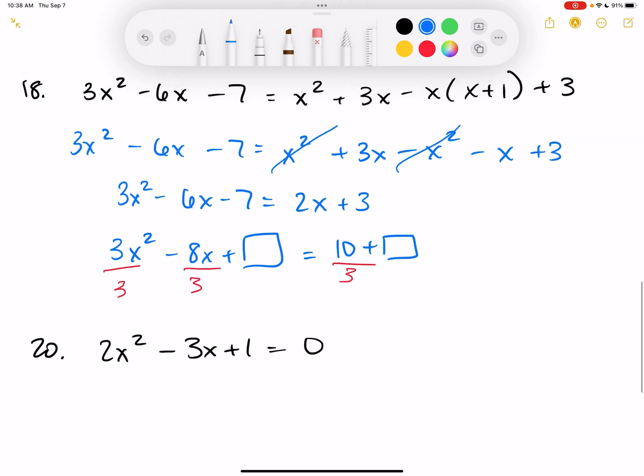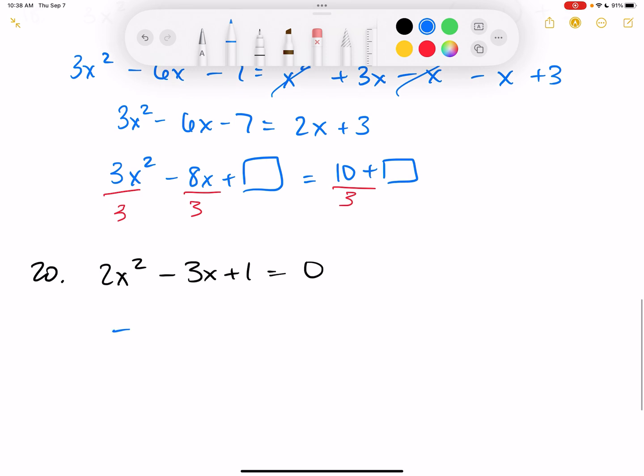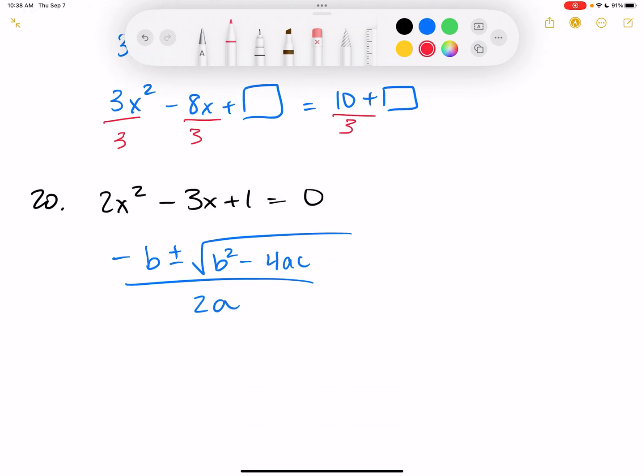Just as a refresher, negative b plus or minus square root of b squared minus 4ac, all over 2a. I'm going to have negative times negative, so it's going to be positive.